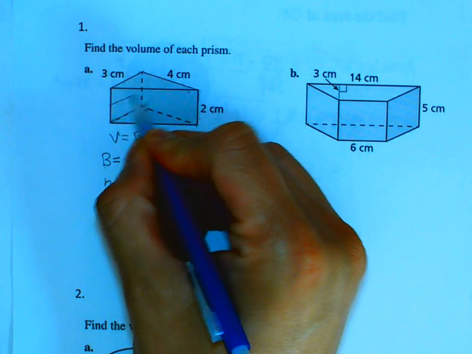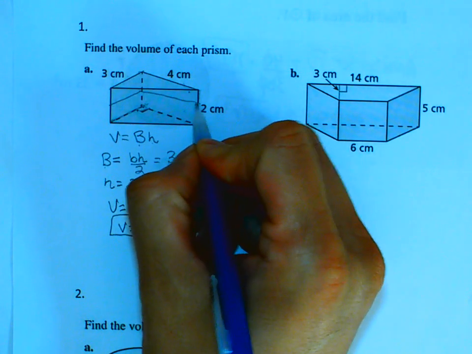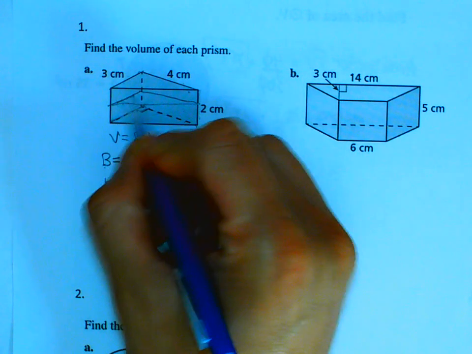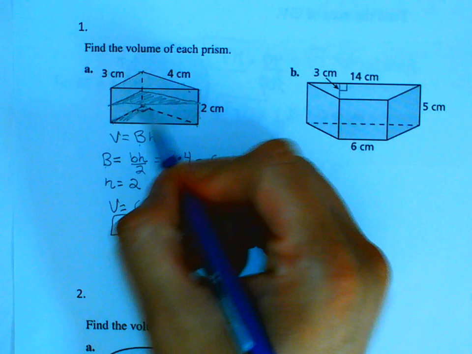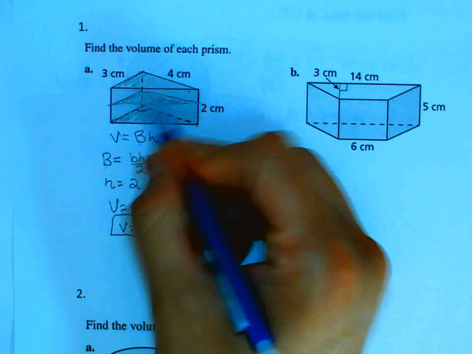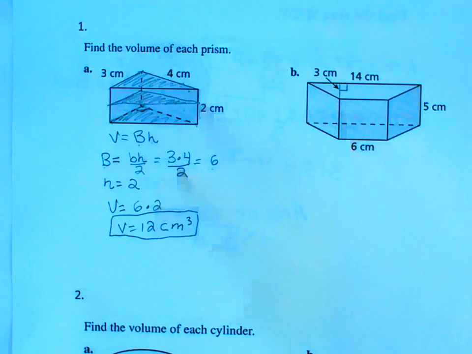However, if you were to slice this horizontally, you're going to notice that this cross-sectional area is the same as the one at the bottom and the one at the top. That is how you know which one is your base, because sometimes it could be a little confusing.